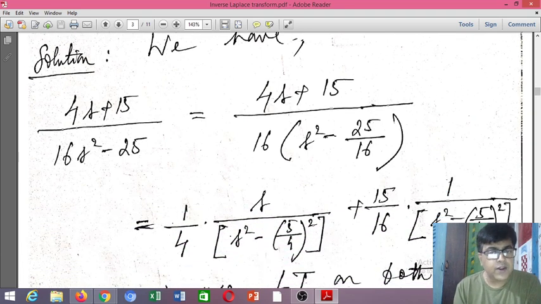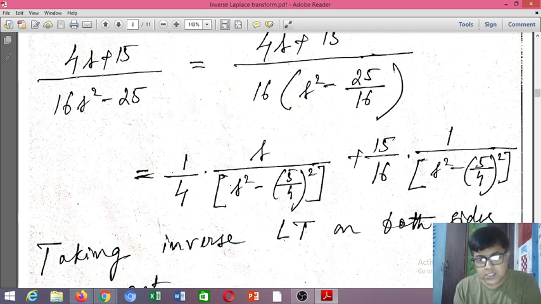And now if you divide term by term, you get 4s by 16 into s square minus (5 by 4) square. So 4 and the 16 cancel, making it 4 in the denominator. So eventually we get s by 4 into s square minus (5 by 4) whole square. And the other one you get is 15 by 16 into 1 by s square minus (5 by 4) whole square, right?